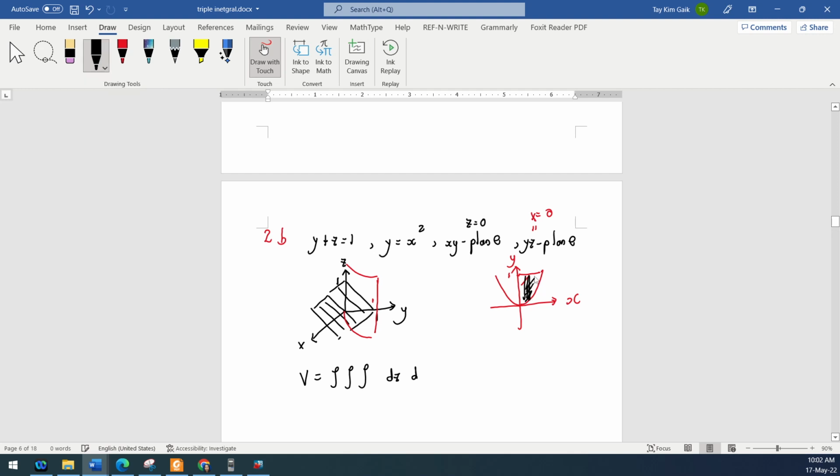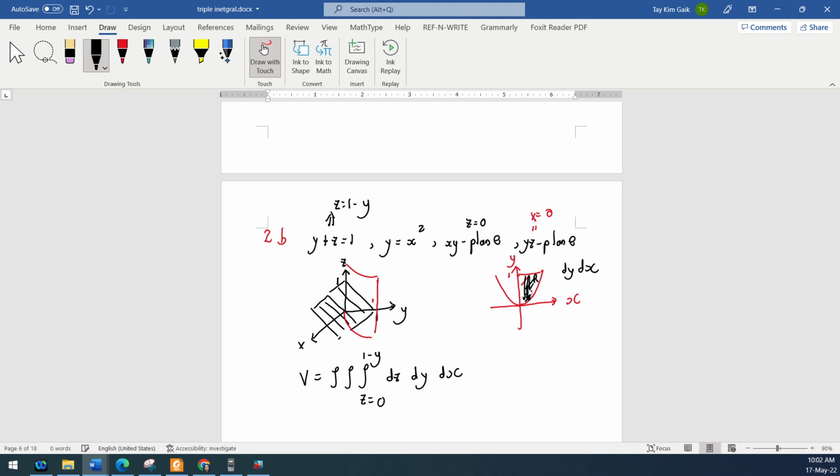This region R, I can sum it using a vertical bar, then I will use dy dx. So dy dx. For z, on the xy plane, z minimum is 0, so z equal to 0. From here, you can get the upper limit, which is z equal to 1 minus y. So 1 minus y, dy.